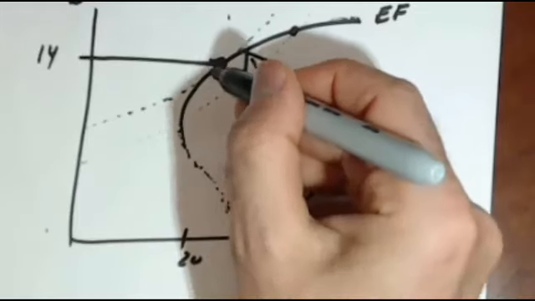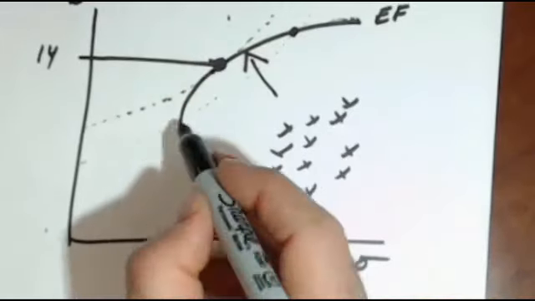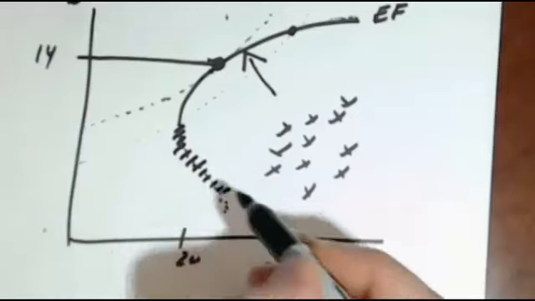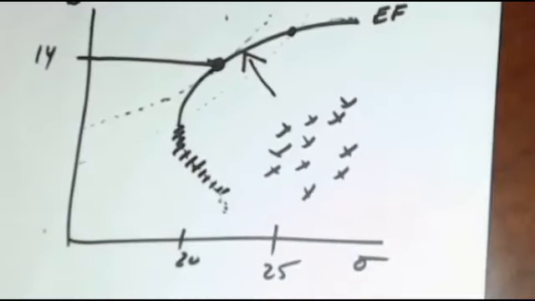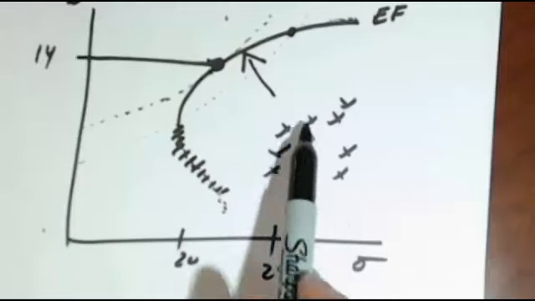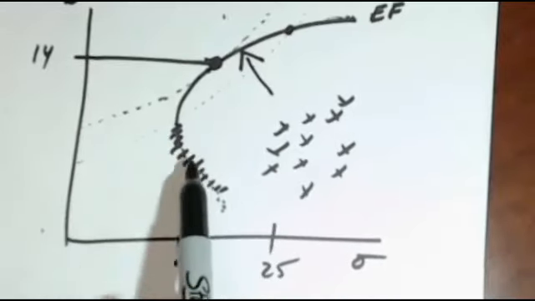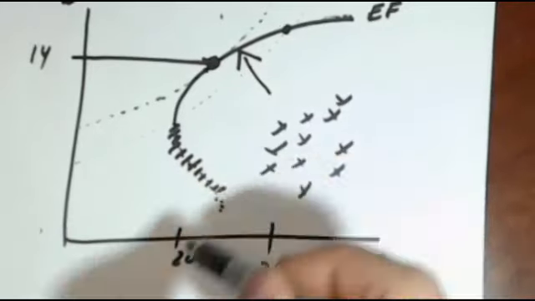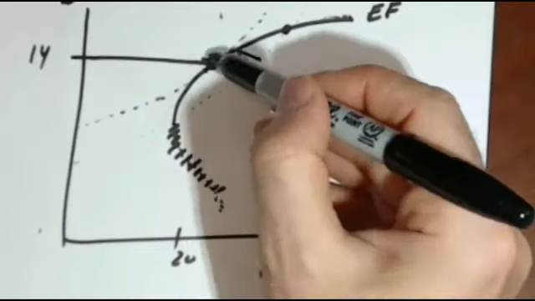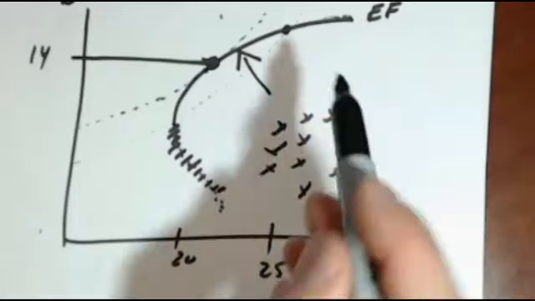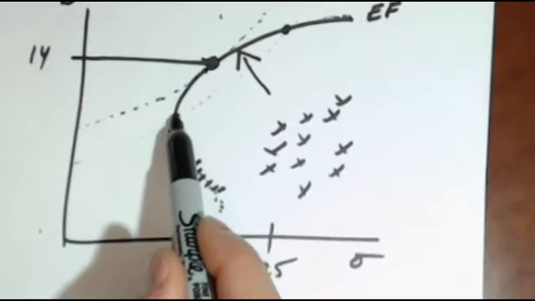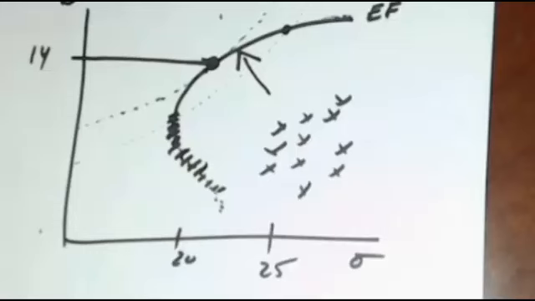It's not here, it's up here. So this is an inefficient area. But nevertheless, if you did the math with all these particular securities, you would get a line that would start here and curl up and around, up over in this direction. But these are designated as inefficient areas on the curve.